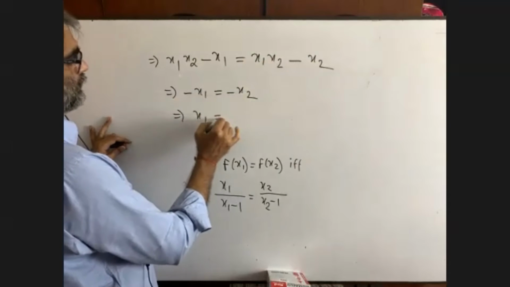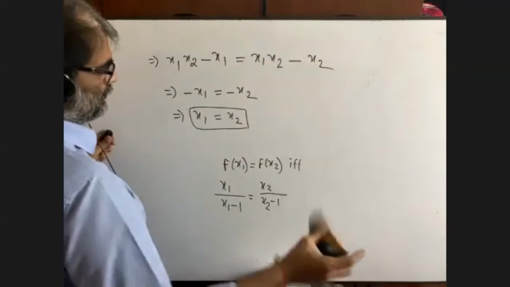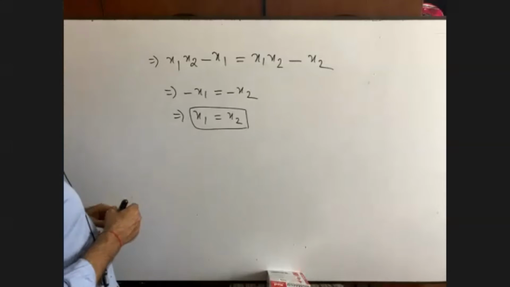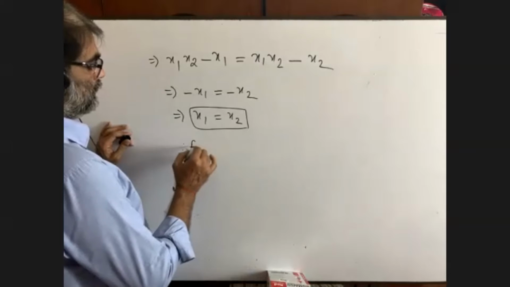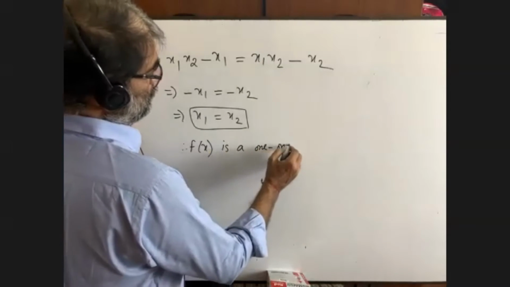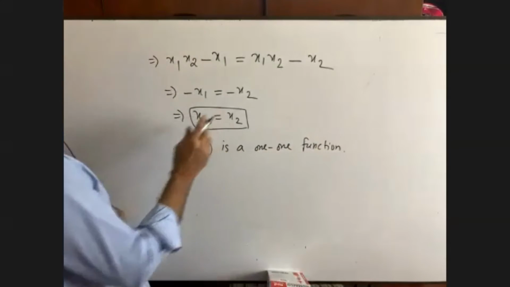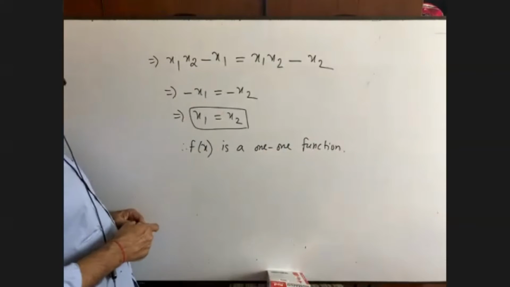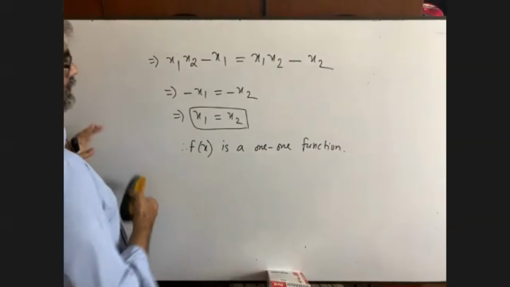That means x1 equals x2. You see, x1 and x2 are equal. As they are equal, f(x1) and f(x2) were equal and it was left. Therefore, f(x) is a one-one function, one for one. For x1, it is x2. So we have got the given function as a one-one function.